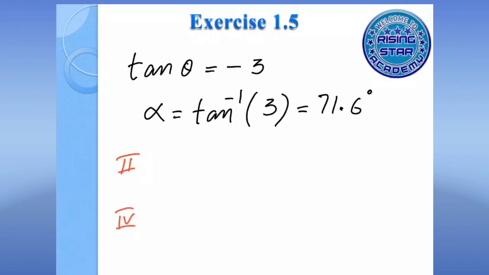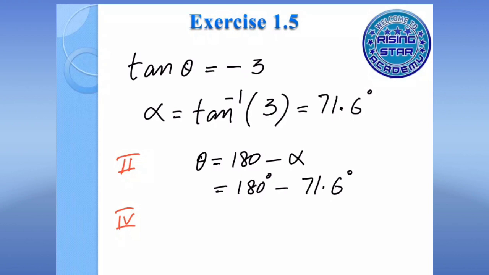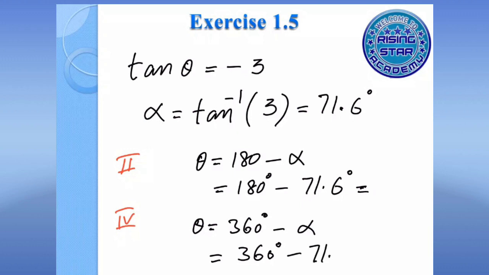So in quadrant number 2 we have theta is equals to 180 minus alpha. So that would be 180 degree minus 71.6 degree. And for fourth quadrant we have 360 degree minus alpha. So that would become 360 degree minus 71.6 degree.